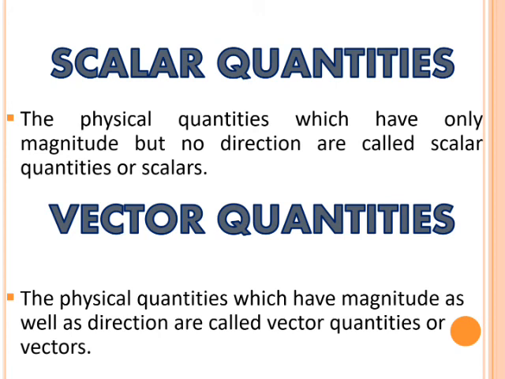A few examples of vectors are displacement, velocity, acceleration, force, gravitational intensity, etc. It is important to note that the division of a vector by another vector is not a valid operation in vector algebra, because the division of a vector by a direction is not possible.